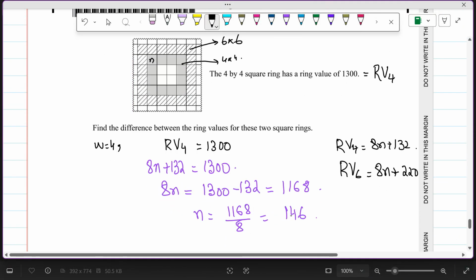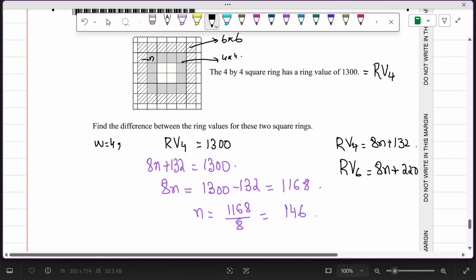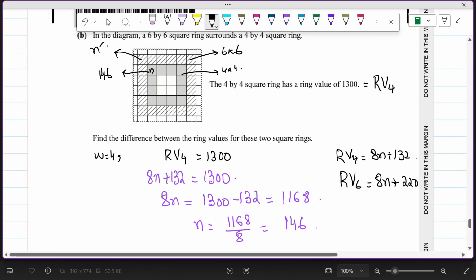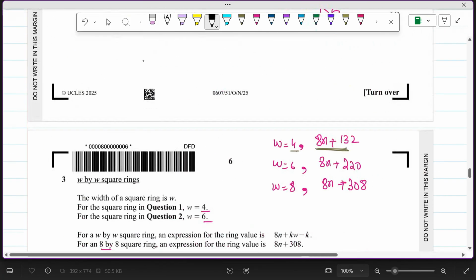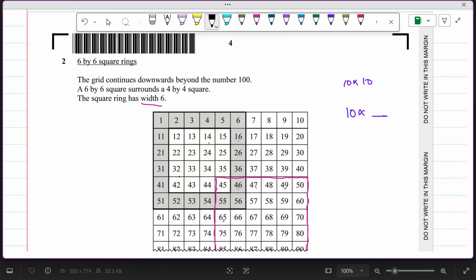This is the top left corner of the 4 by 4. This value is 146, which is the top left corner of the 4 by 4. What will be the top left corner of the 6 by 6, which is n dash? Because we need this value to find the 6 by 6 square ring value. We have the 4 by 4, this one, and this value is n, and we need to find n dash, which is the top left corner of the 6 by 6.